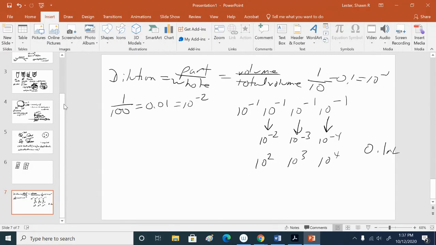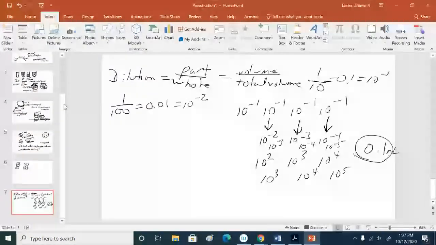And so you can do it at this step here, right? Because then you would have 10 to the negative 3, and 10 to the negative 4, and 10 to the negative 5 if you used 0.1 milliliters. And so that would change your dilution factors, right? If you're using 1 milliliter, nothing changes.